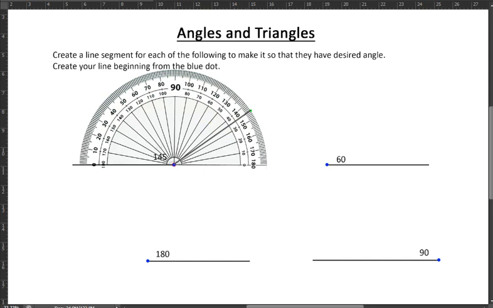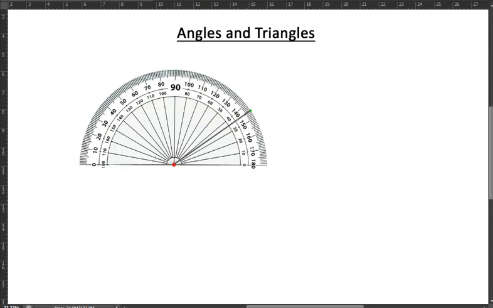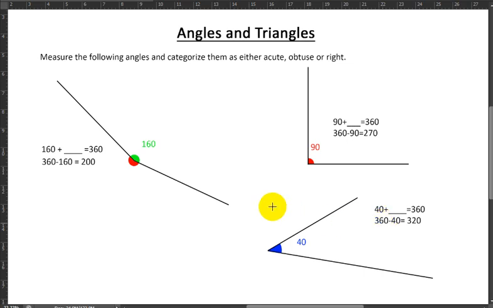Oh, I'm sorry. I'm so sorry. We forgot in the previous exercise, actually, to categorize all these. So we need to categorize these as either acute, obtuse, or right. So the first one, since it's 160, since it's more than 90, we said that more than 90 is obtuse.